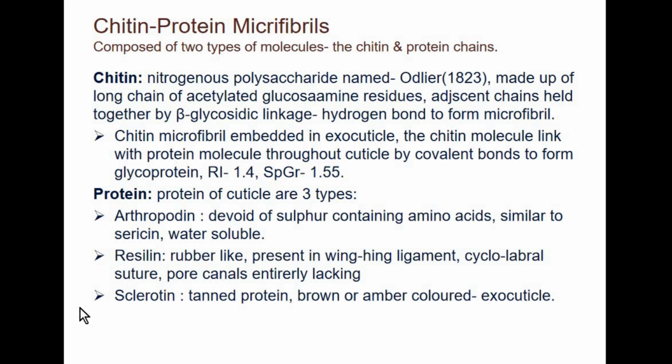Now the resilin is followed by the next protein, that is sclerotin. Sclerotin is also known as tan protein. It is brown or amber in color and occurs in the exocuticle.